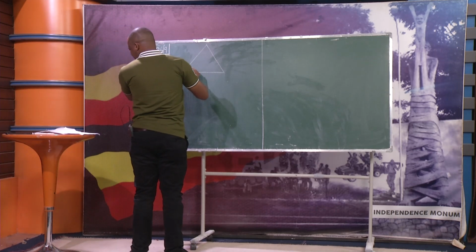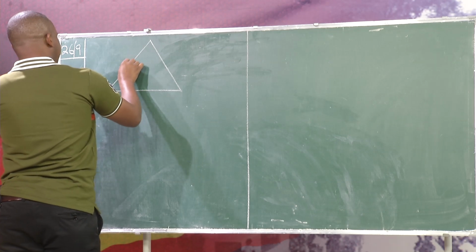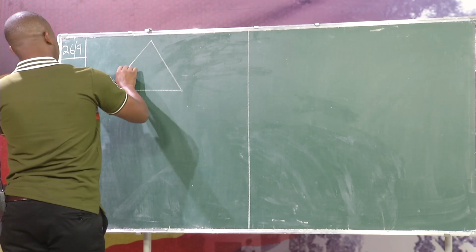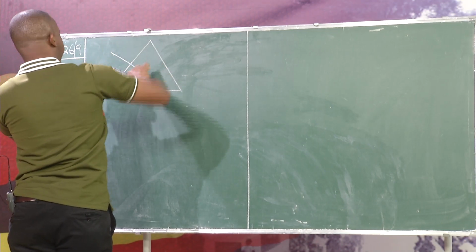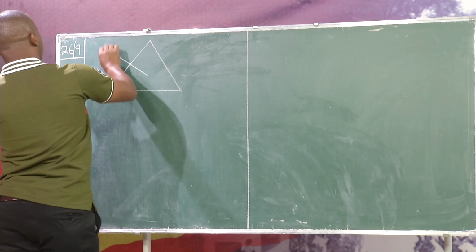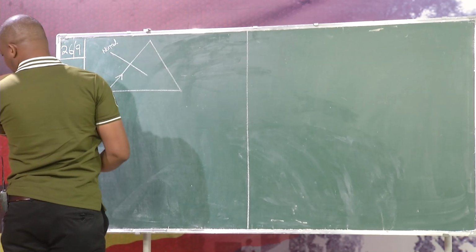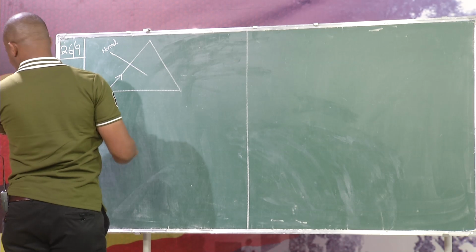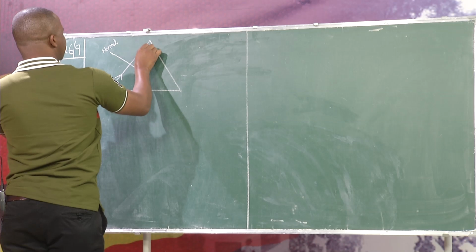So light was incident. When light is incident at 90 degrees, it is incident on the first face. If we put this as a normal, this is our normal line. They told us that the angle of the prism is 60 degrees.